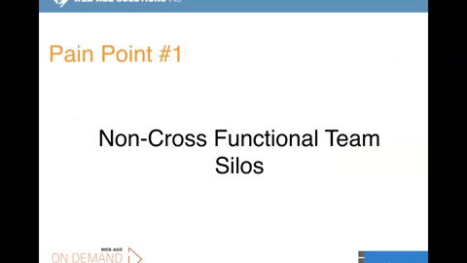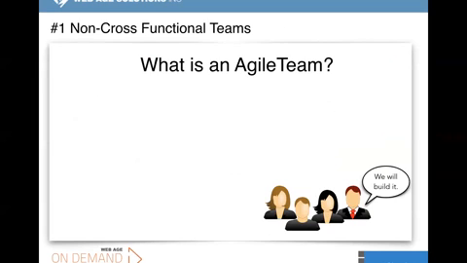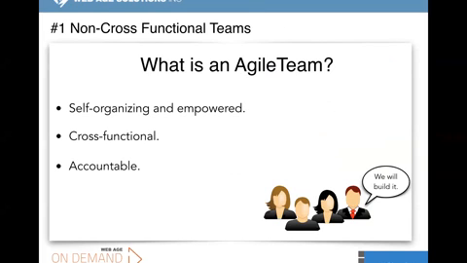The first pain point that when I work with organizations, I hear a lot about is silos still exist and that they are having a difficult time creating cross-functional teams. So when we talk about Agile, as you're probably aware, because I'm sure many of you are Agile experts, an Agile team should be self-organized and empowered, it should be cross-functional, it should be accountable, and it should be small.